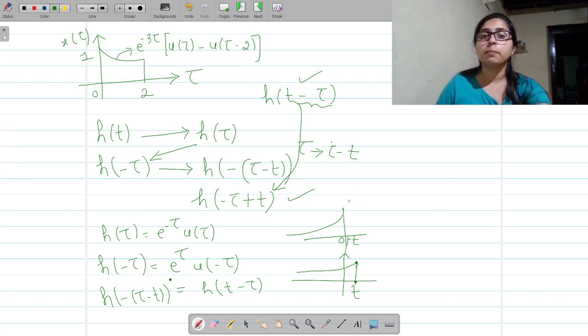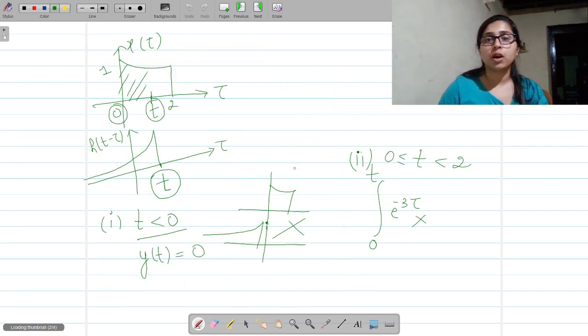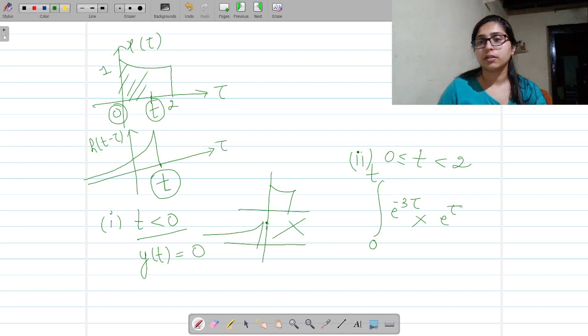Now if I replace this tau by tau minus t, this is tau minus t and this is u of t minus tau. So e to the power of tau minus t, into d tau.